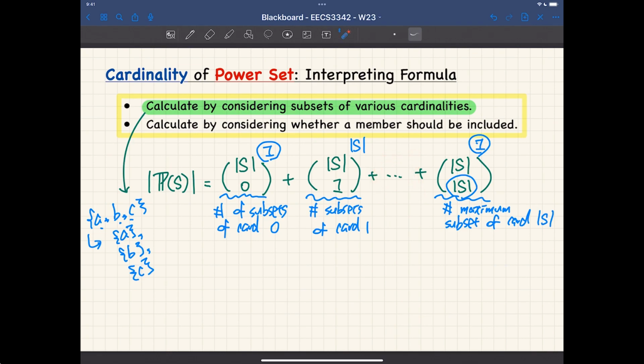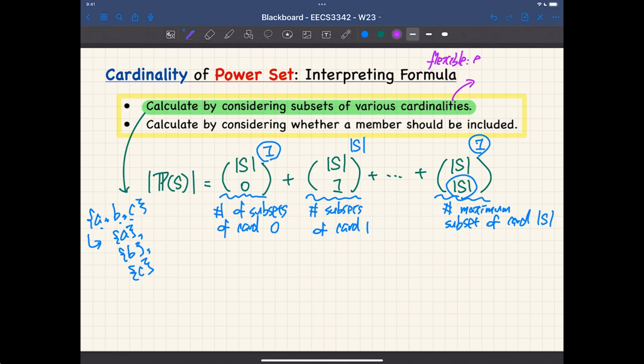The advantage of understanding the calculation this way is if I simply asked you, how many subsets do you have in the power set that's of cardinality between maybe A and B? I'll write it down for you. It's a flexible calculation, okay?